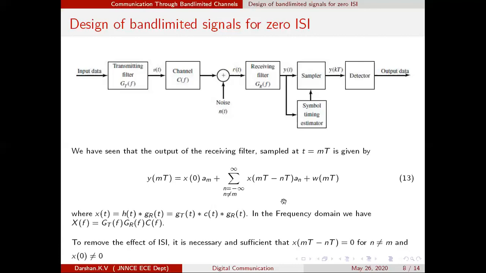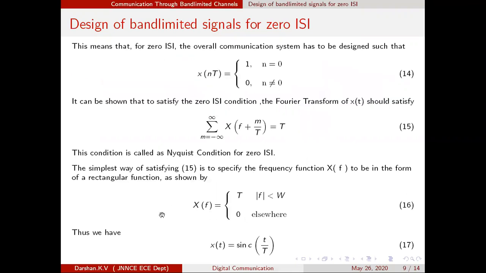But we should be careful while making the samples of x of t 0, because x of 0 is also a sample of x of t. So except x of 0, all other samples of x of t should be made 0 to have 0 ISI. That was being represented by equation number 14.